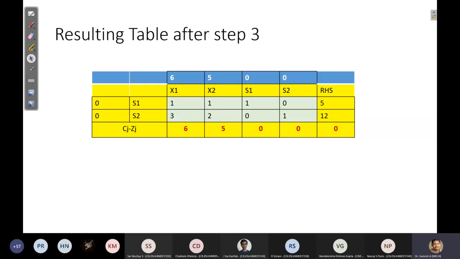So here Cj minus Zj is calculated. If you are calculating Zj minus Cj, negative values will come, vice versa, positive will come. That is the difference you have to note down. Now, which was the first key column?